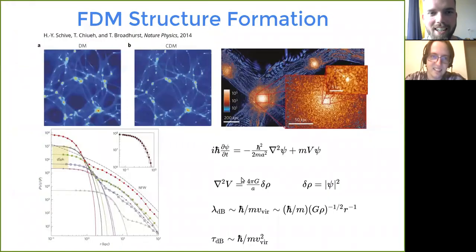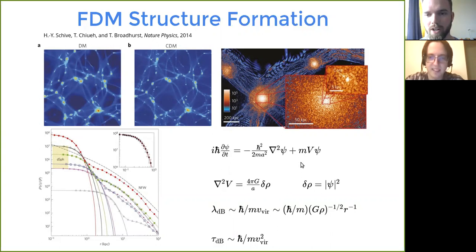Now the slides work. So just to give you a brief introduction, fuzzy dark matter as a non-relativistic self-gravitating scalar field is by definition evolved by the Schrödinger equation in combination with the Poisson equation for its self-gravitational potential.